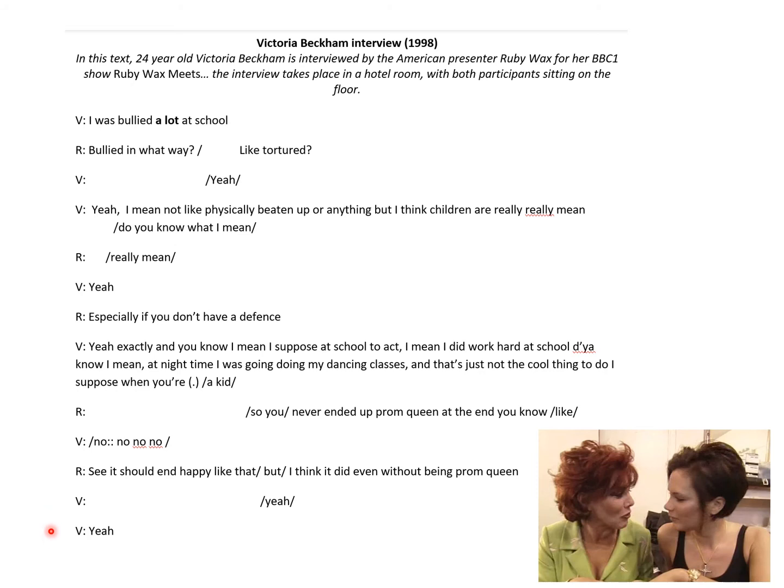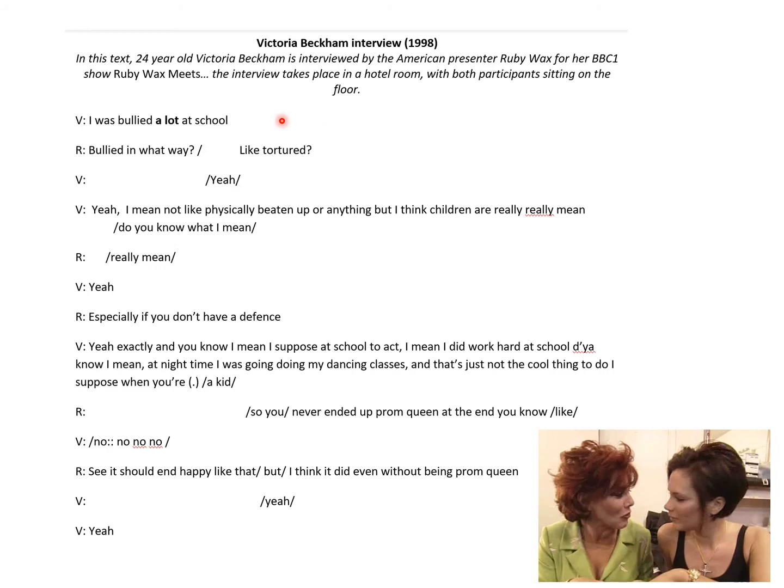Yeah, yeah. Right, so where do we start then with this? Well, the first thing I notice is that the participants are sitting on the floor, which seems like a very informal kind of place to sit, makes it a very informal conversation, and it could show a kind of intimacy between the speakers, which potentially links to Tannen's ideas of using talk to share feelings, women in particular using talk to share feelings.